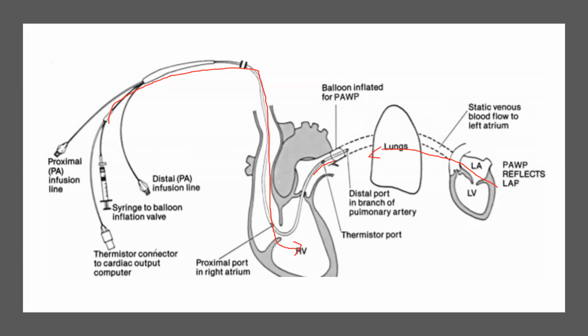And that is exactly the advantage of having a pulmonary artery catheter. So the tip of the catheter right over here lays into the main pulmonary artery where the balloon can be inflated and deflated for measurement of pressures.